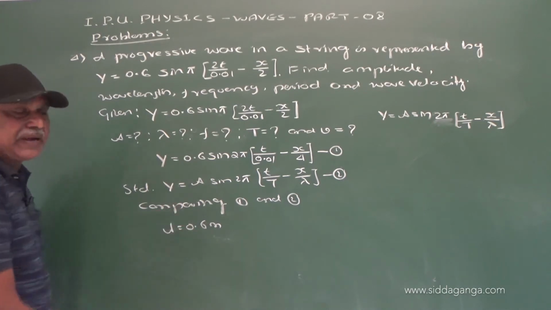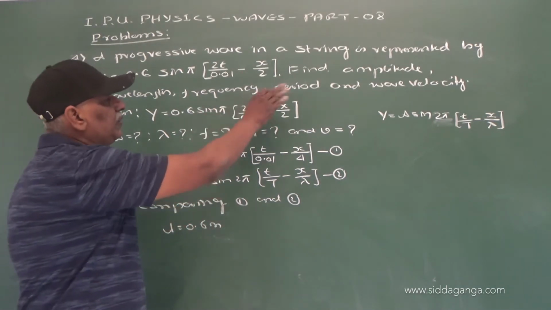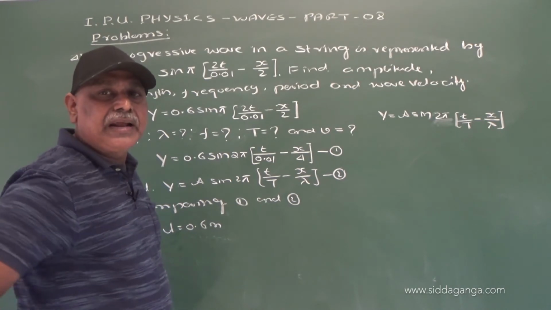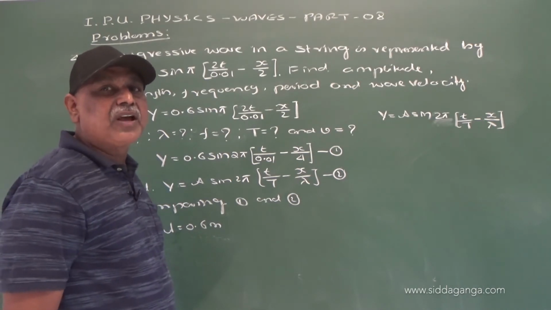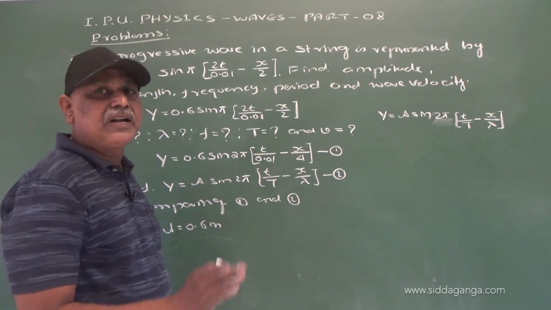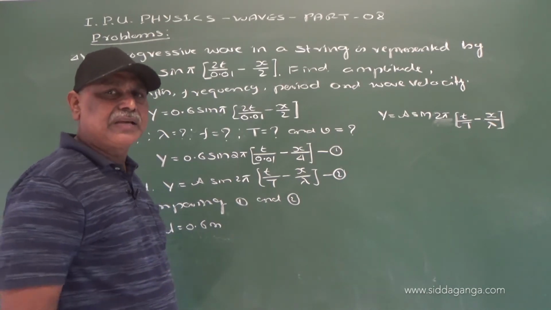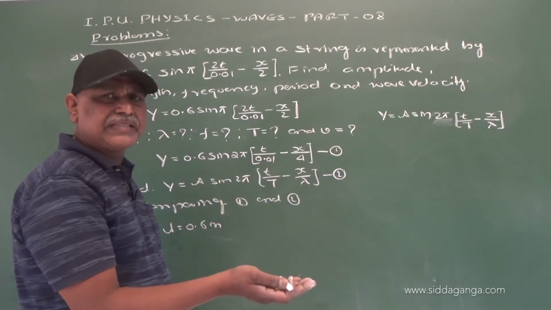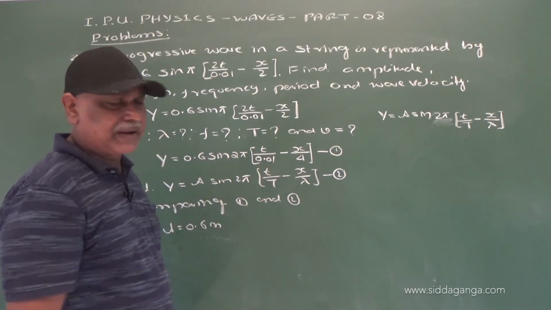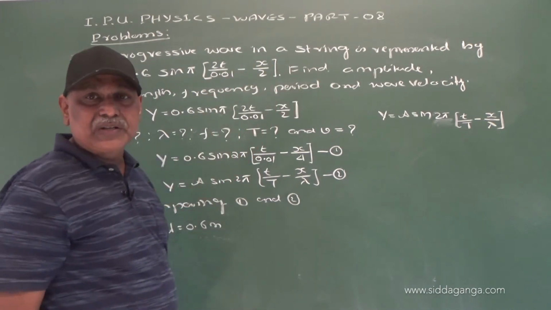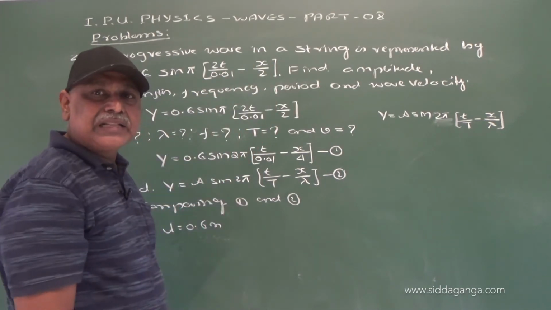Why am I writing meter? If any unit is not mentioned, as in problem number 3, along with the equation they have mentioned that x and y are in meter and t is in second. Sometimes x and y may be in centimeter or millimeter. But here nothing is given about the unit, so we can consider the SI unit.